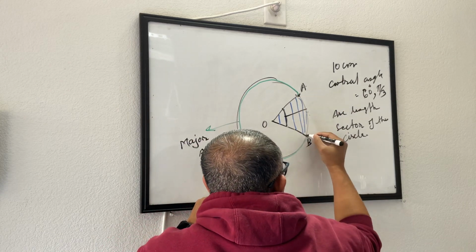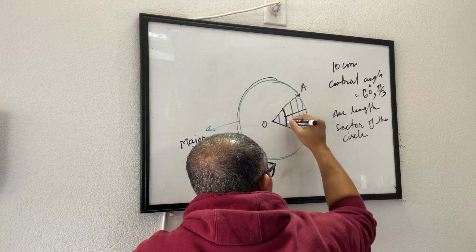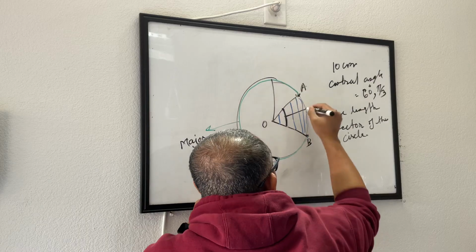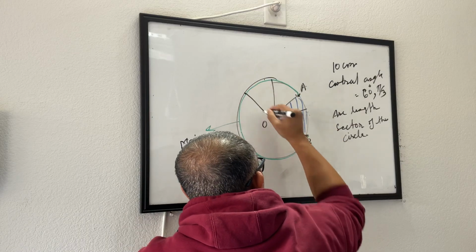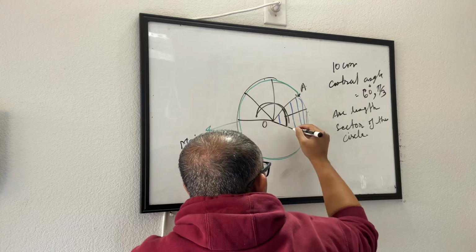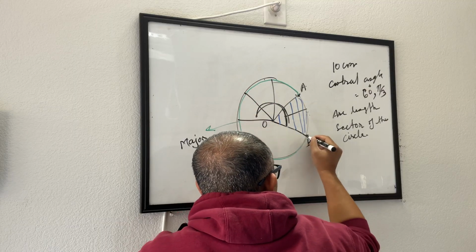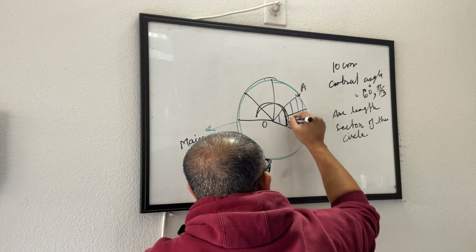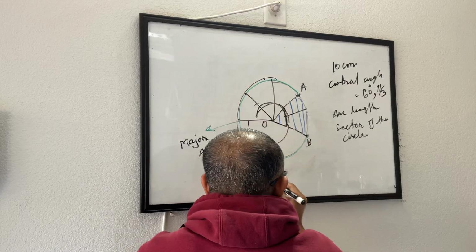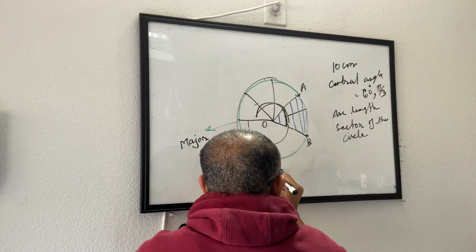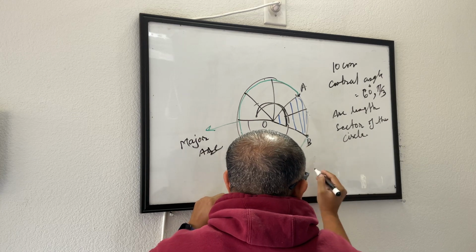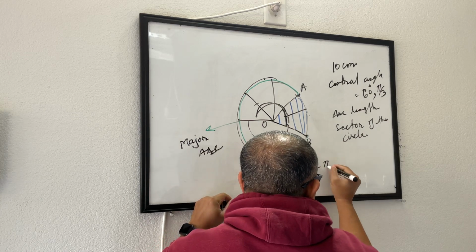This arc length is determined by how much angle it makes at the center, or what is the central angle. If this angle becomes bigger, the arc becomes bigger. By the time it touches 360 degrees, I'm talking about the entire circumference. So 360 degrees is equal to the entire circumference, which is 2 pi r.